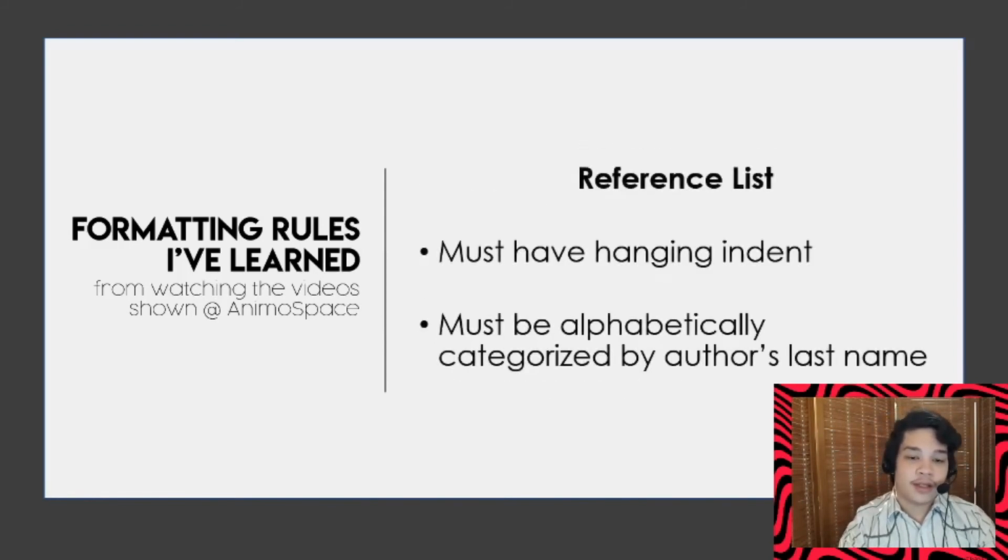For the reference list, we must use hanging indents, which means that from the second line to the last line of the reference must be indented. The second is that it must be alphabetically arranged by the author's last name. This is for the convenience of the readers so that they can skim through the references with ease.